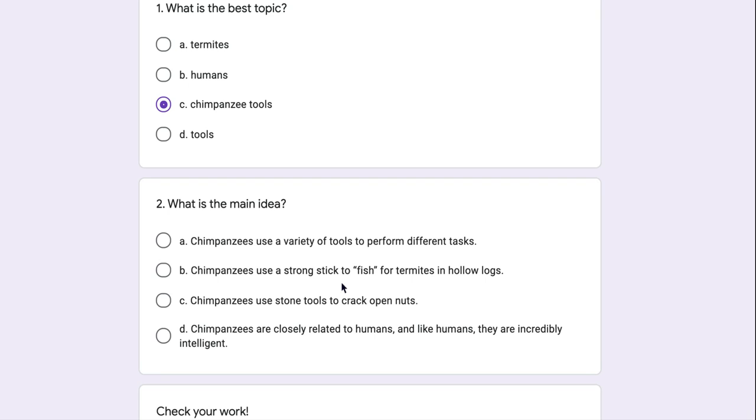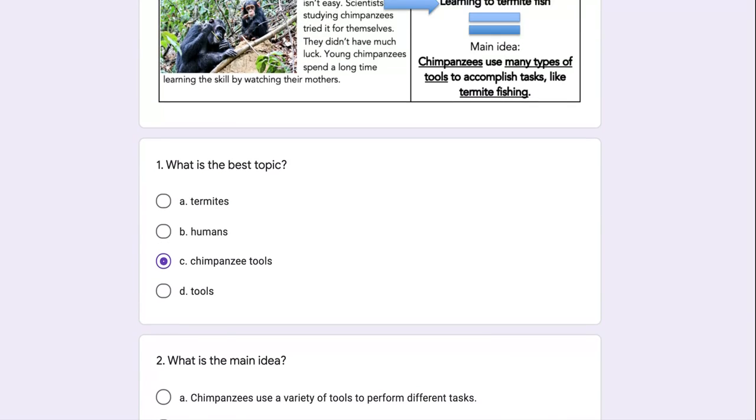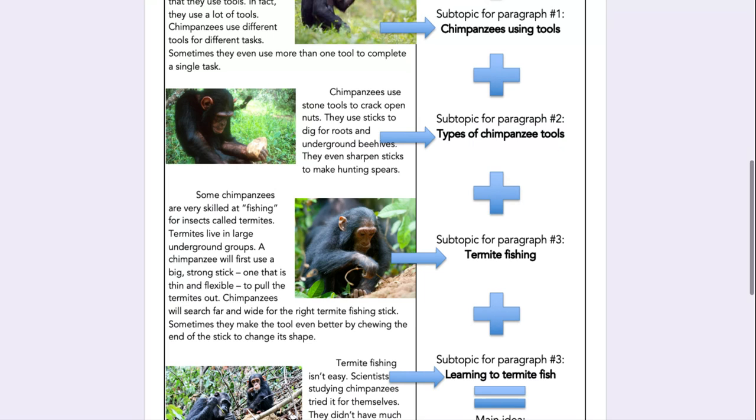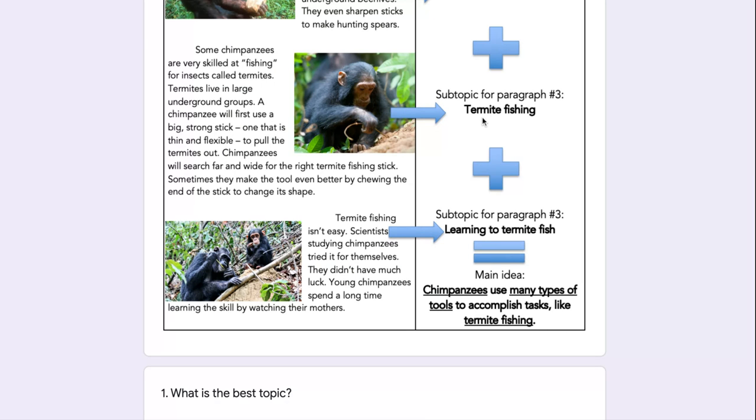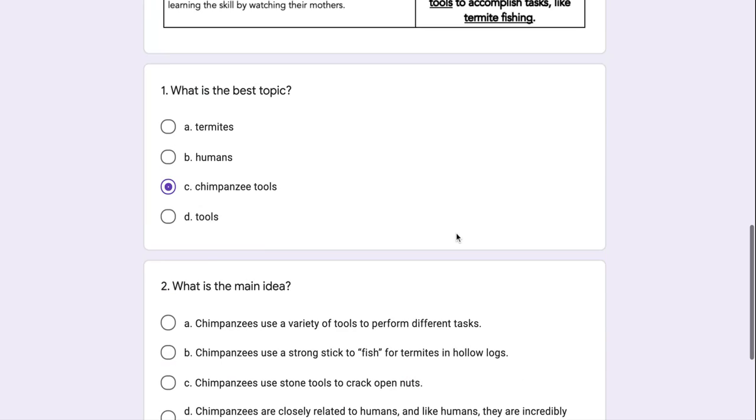Let's look at option choice B. Chimpanzees use a strong stick to fish for termites in hollow logs. B sounds like it's talking about termite fishing. So let's look back at our option choices. Looks like we can't support it with paragraph 1 or paragraph 2, but we can support it with paragraph 3 and paragraph 4.